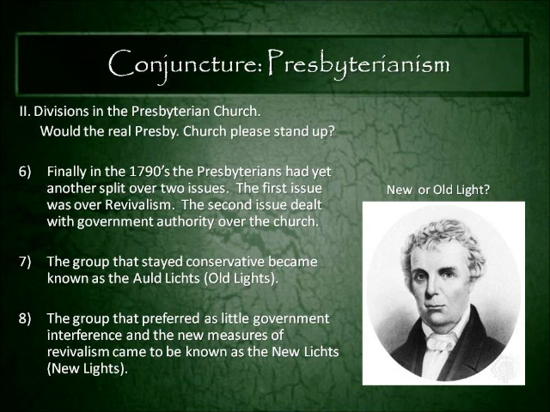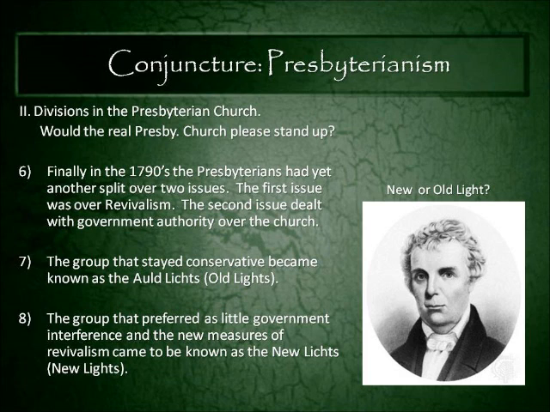Now, the second issue they're going to deal with is another one of government authority over the church. The people who are in favor of revivalism will also be in favor of less government authority over the church. And these people will refer to themselves as New Lights, often spelled "Lichts," but pronounced New Lights, because they're claiming to have a new perspective or new light on these issues.